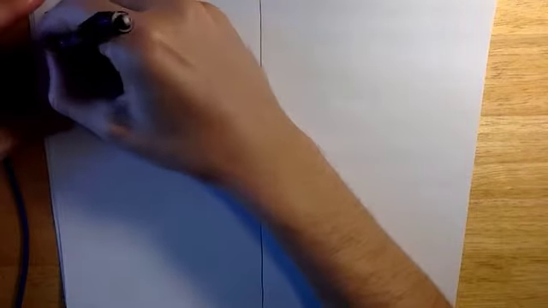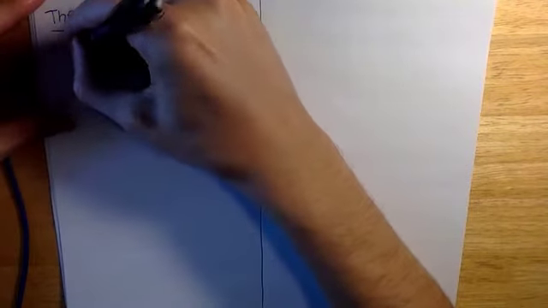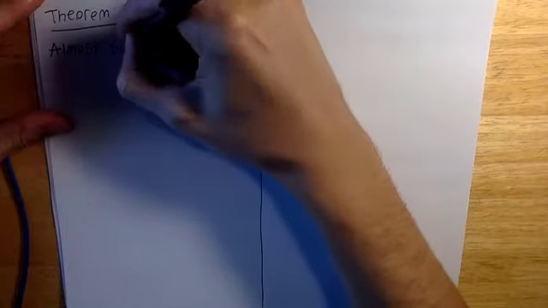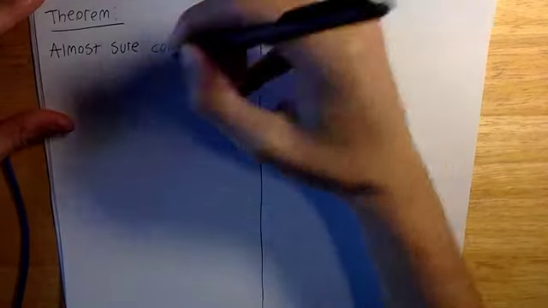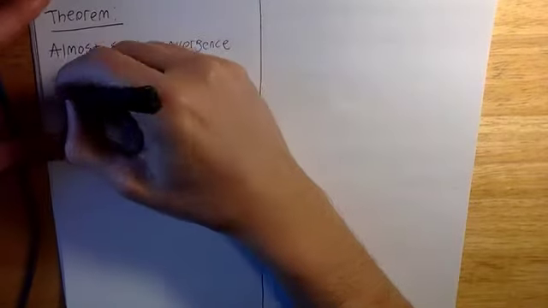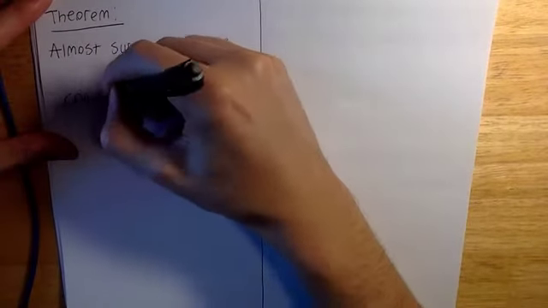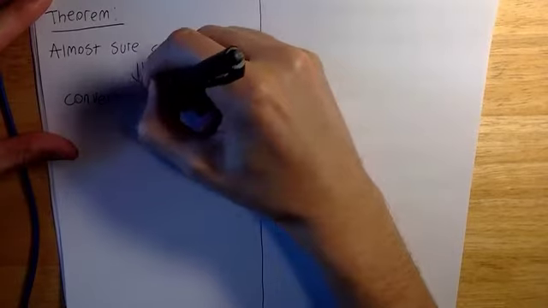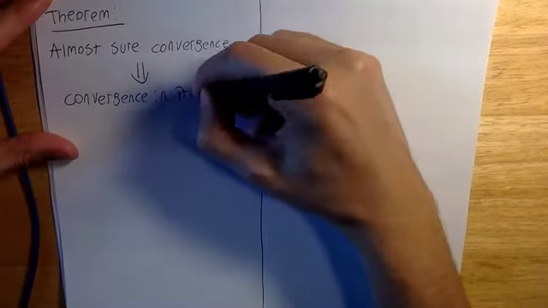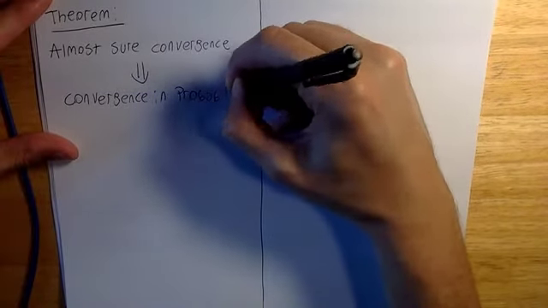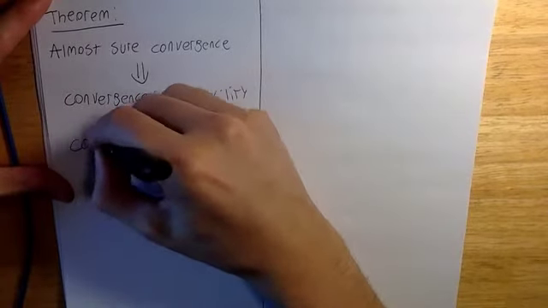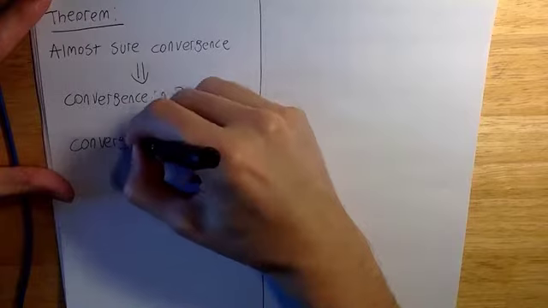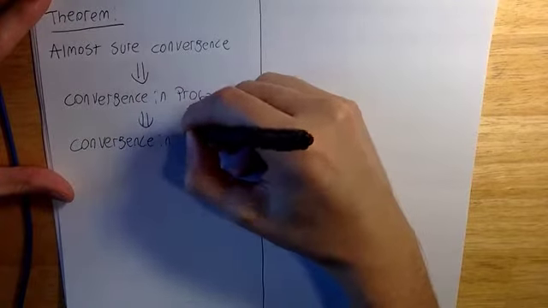Almost sure convergence implies convergence in probability, which implies convergence in distribution.